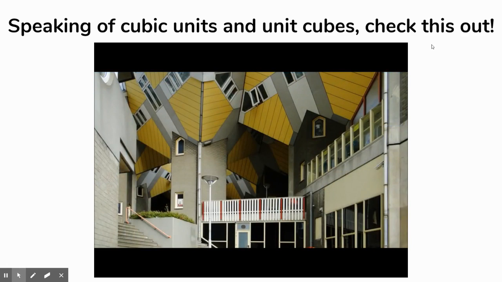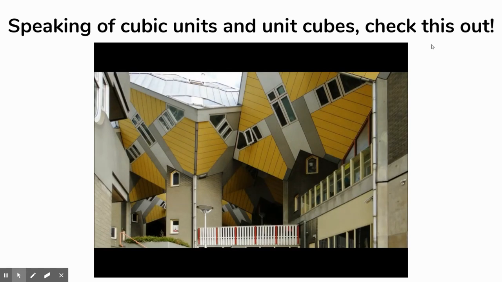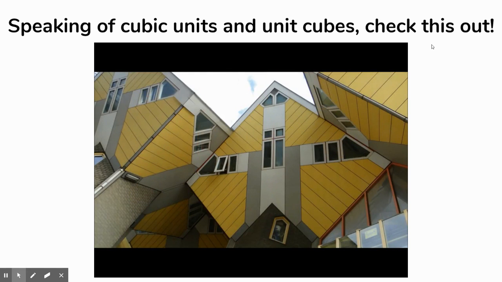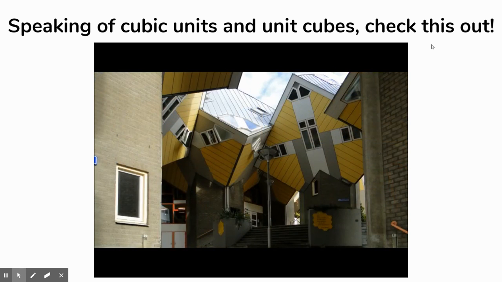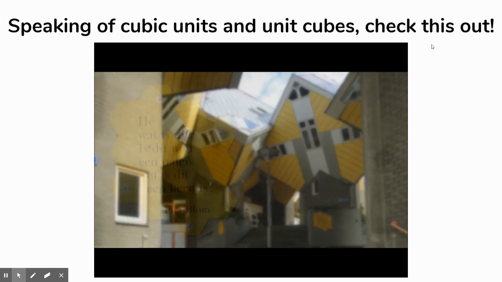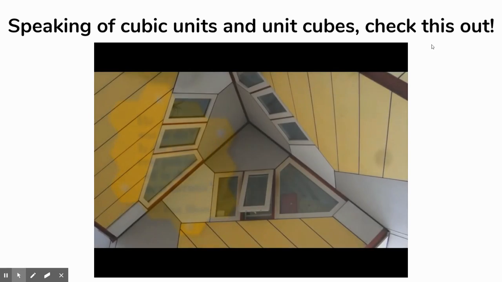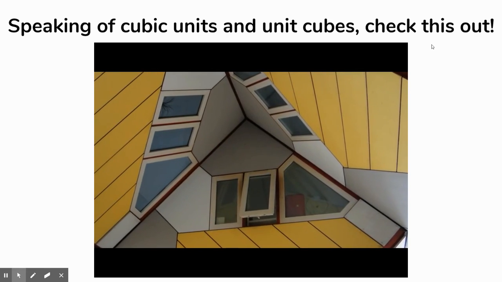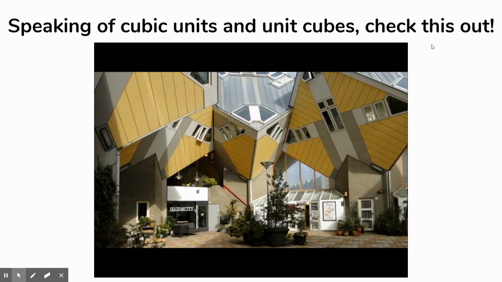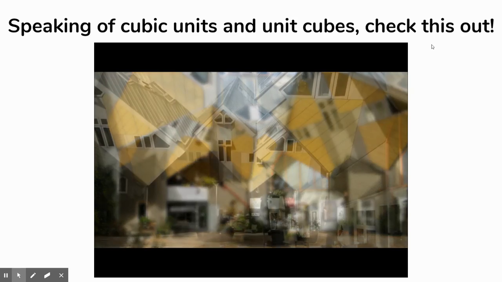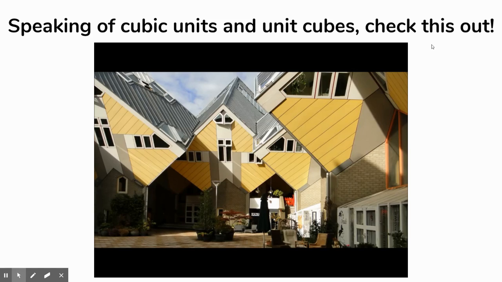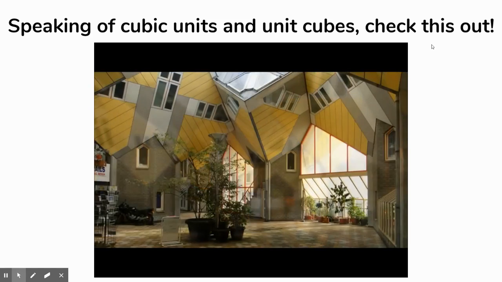They look so interesting and yet confusing, but very, very cool. And if I ever go to the Netherlands, I would like to maybe visit these and actually walk inside and see what it actually looks like. It's so much more different than the regular types of houses that we see everywhere. These are very interesting.